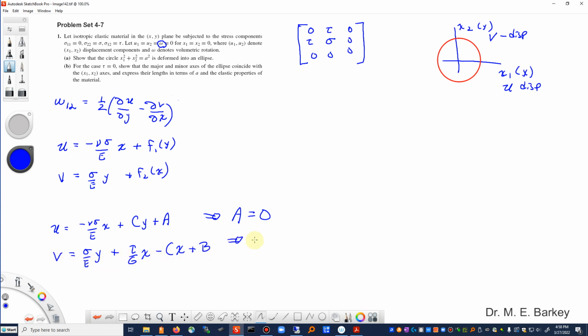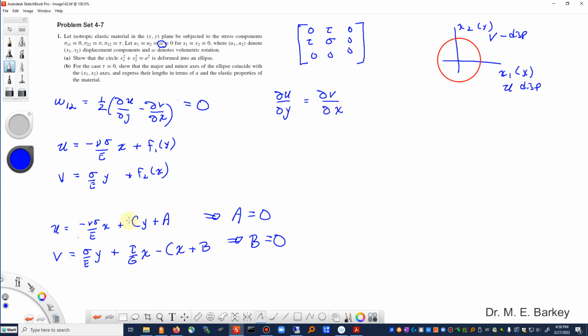So, okay, we have B is equal to 0. Now the last bit comes from our rotation equation here, and this omega 12 is going to be equal to 0. Now the half can go away, no problem. So effectively we have partial of u with respect to y is equal to the partial of v with respect to x.